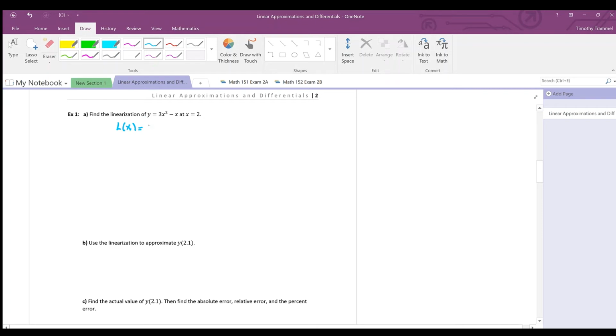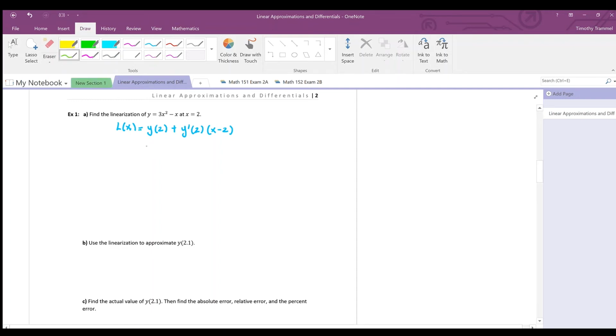We would want y of 2 plus y prime of 2 times x minus 2. And so all we need to do is just find what y of 2 and y prime of 2 are, and we'll have our equation.